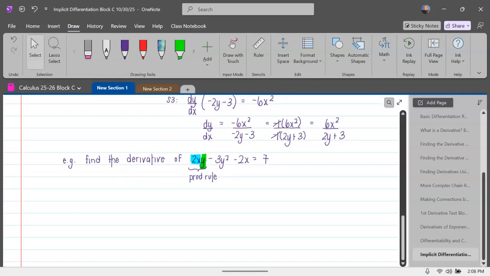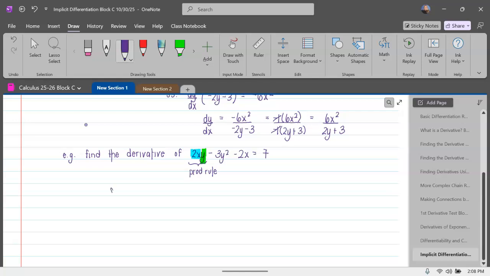All right? So let's write that out for step 1. It's going to be the derivative of 2x times y plus 2x times the derivative of y. Right? That's the product rule.